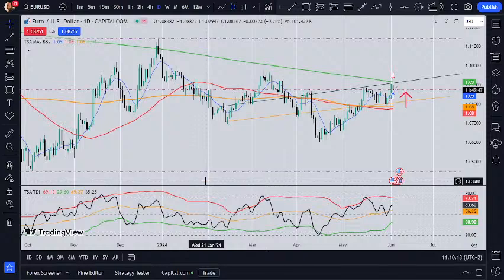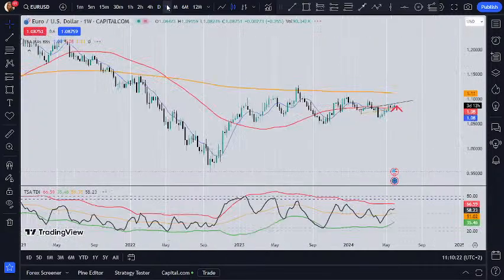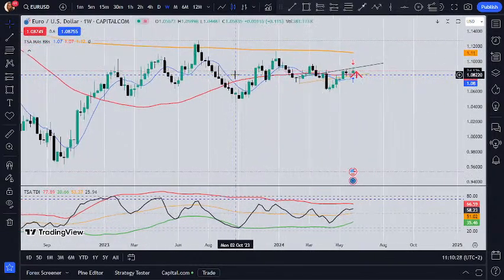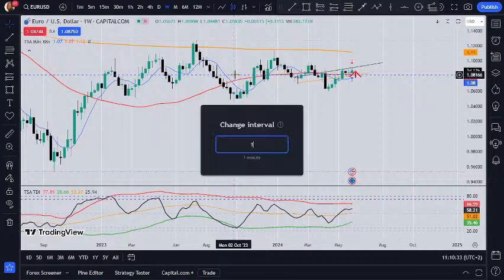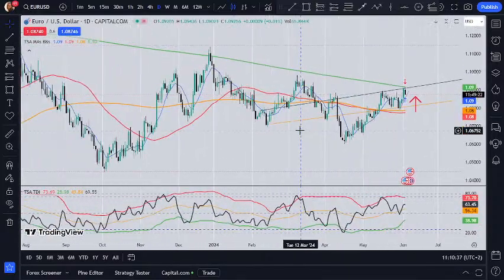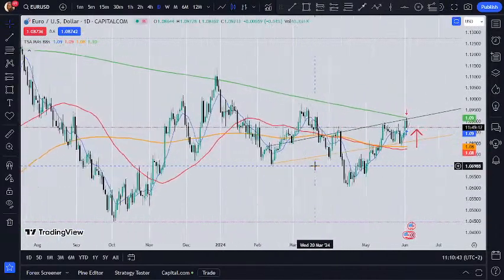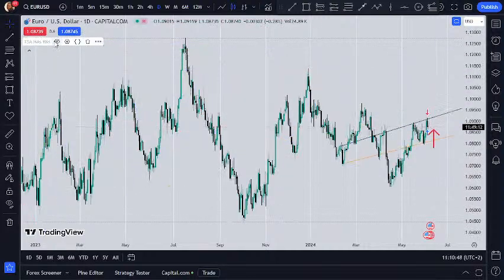This morning, when I woke up after watching his videos, I tried to implement the shark fin. Essentially I was marking out certain levels and looking at how the price action moves.